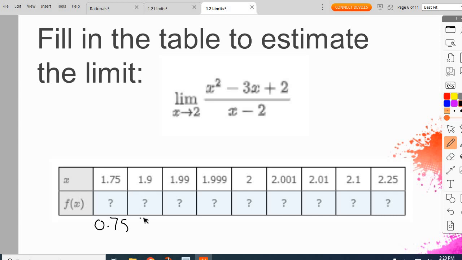At 1.9, we should get 0.9. At 2.1, we should get 1.1. And at 2.25, we should get 1.25.